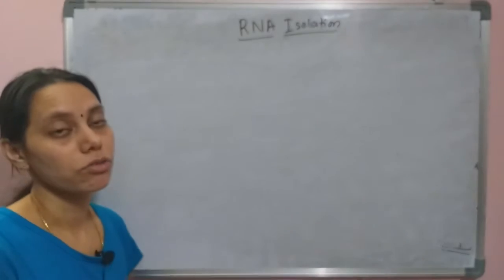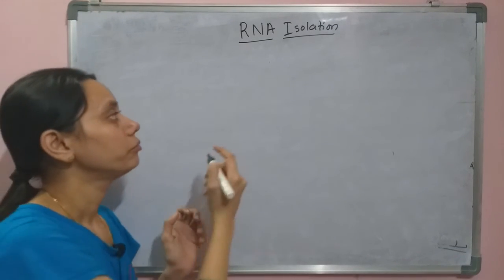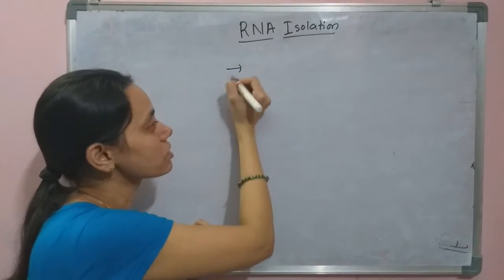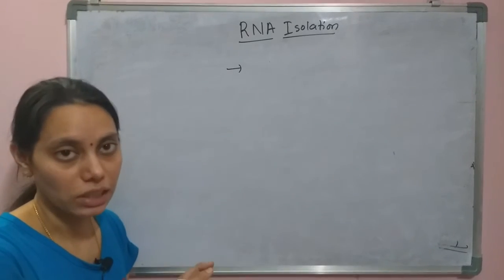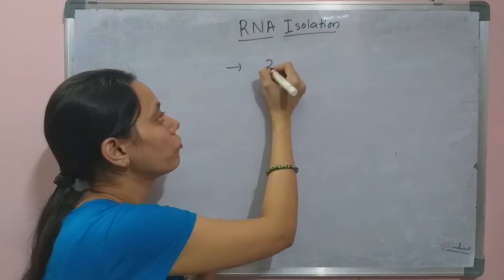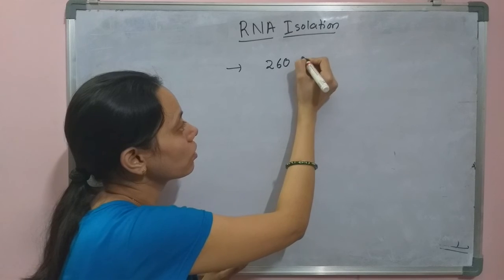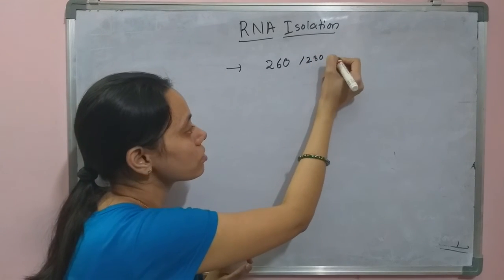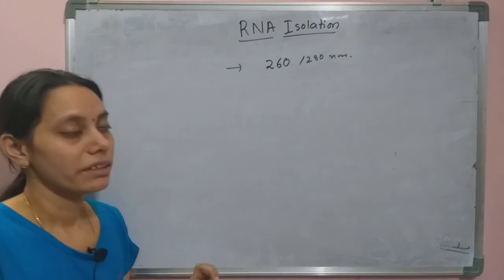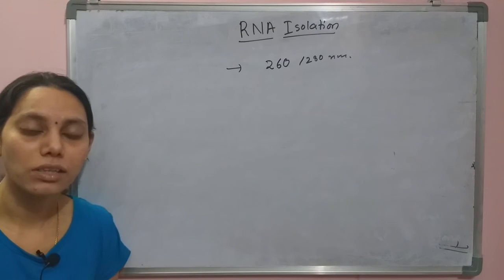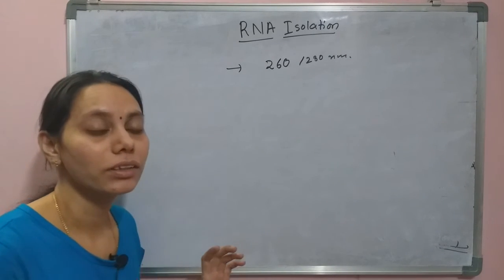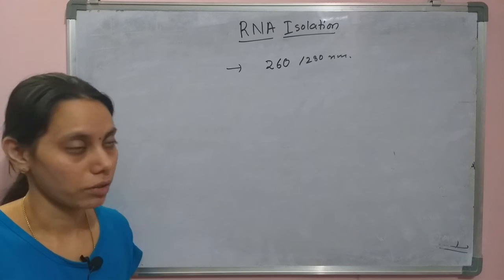Generally the quality control of the RNA is carried out using spectrophotometric readings at the ratio of 260 to 280. The ratio of 260 to 280 nanometers readings will decide whether the RNA is pure or not.